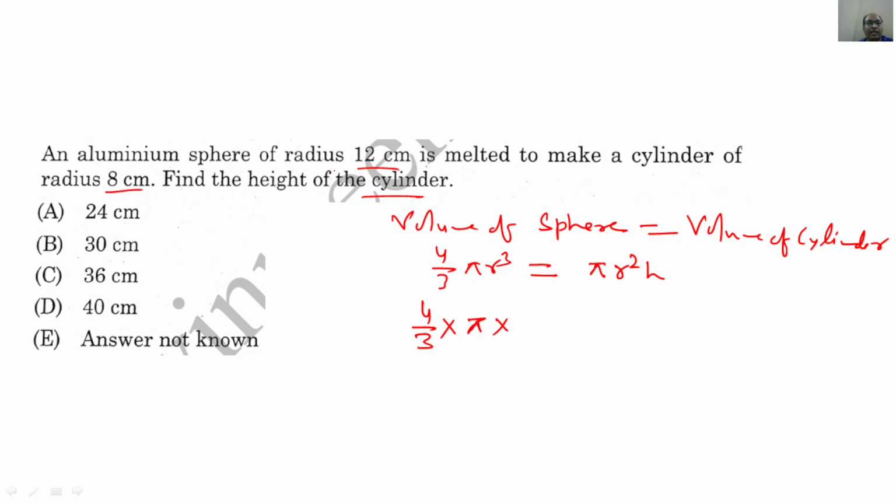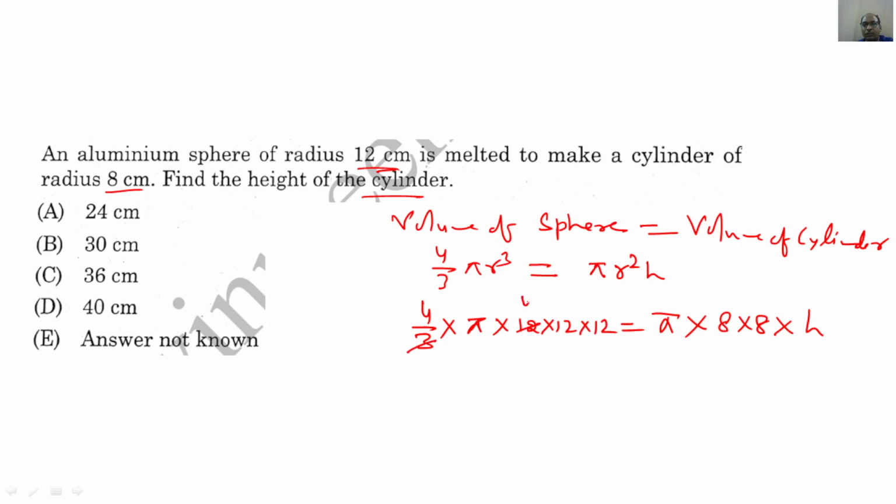So r is given, aluminum sphere of radius 12 centimeter, so 12 into 12 into 12, like this you write. Okay, and then pi, leave it as it is, and r, radius of cylinder, is 8 centimeter, so 8 into 8, and into h we do not know, we have to find out. That will be in centimeter, no doubt in that. So let us see.